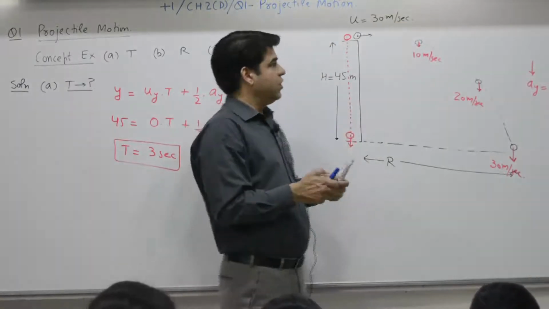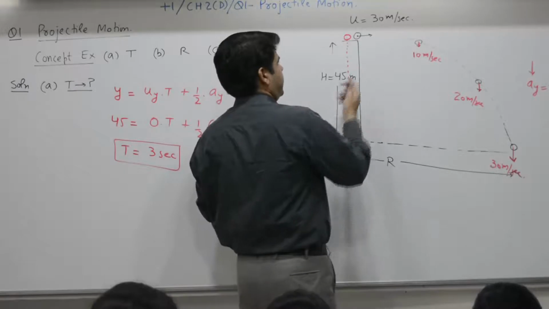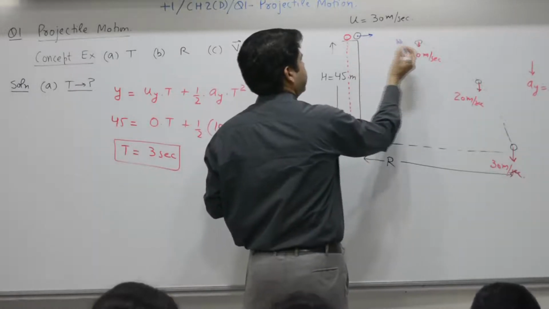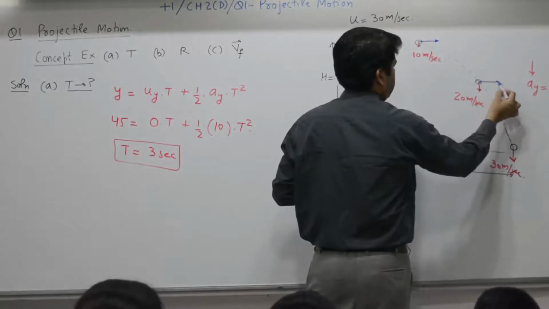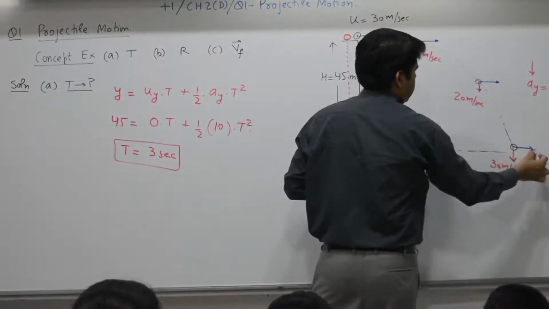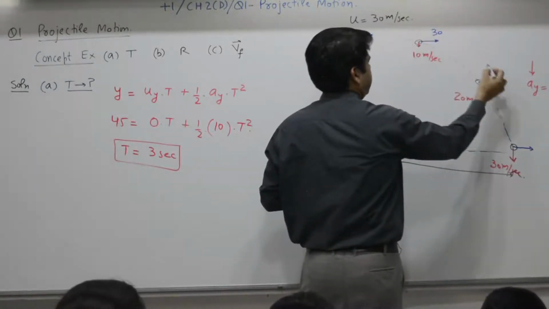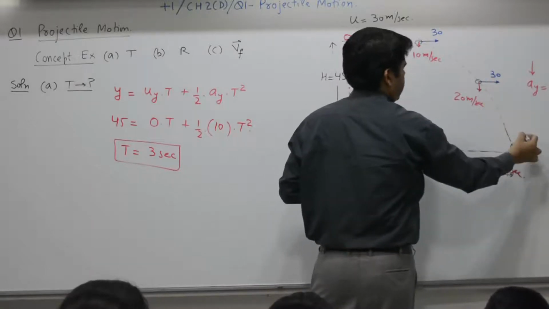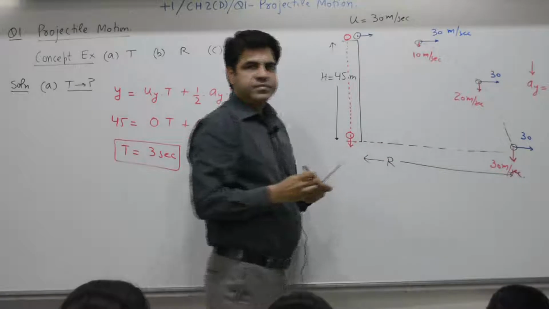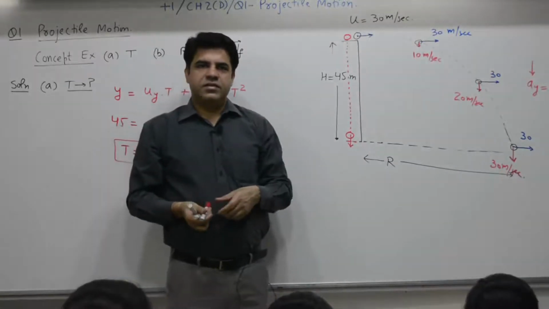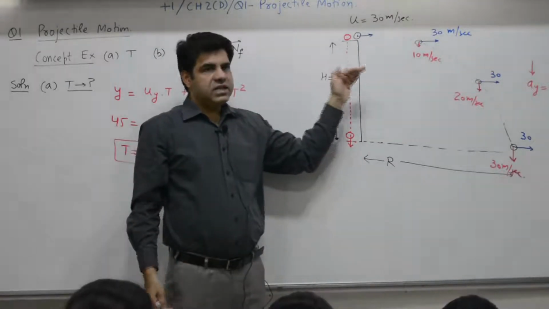That is why the horizontal value remains the same: 30, 30, 30, 30. So time of flight is 3 seconds.